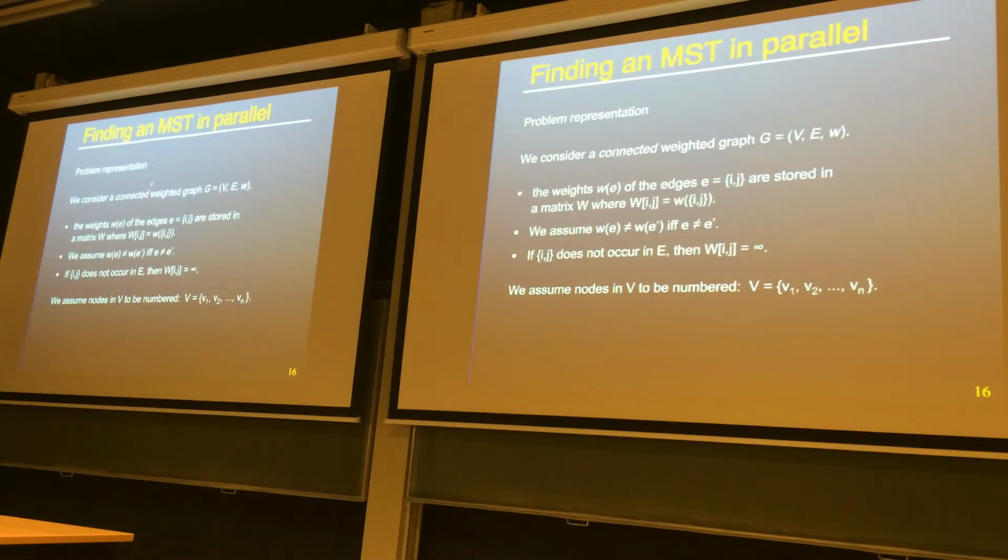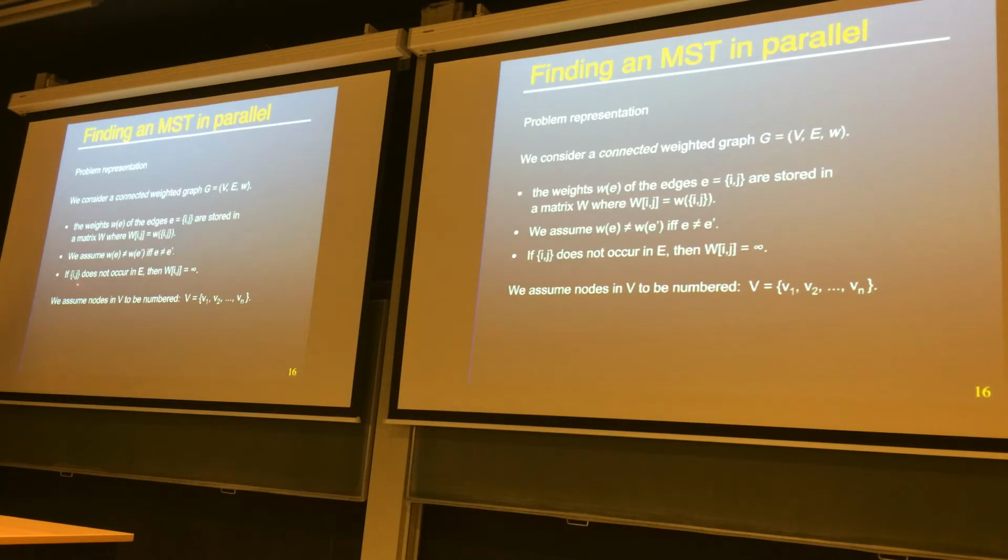So what we will make use of is the following representation. If you have an initial graph with nodes, edges and weights for the cost on the edges, then we will represent the weights in the form of a matrix W_ij. We will assume for simplicity for the moment that these weights are unique, just to get rid of the problem of choosing the cheapest edge.